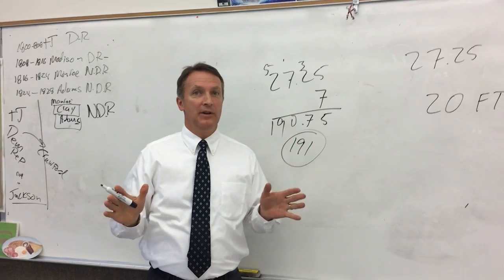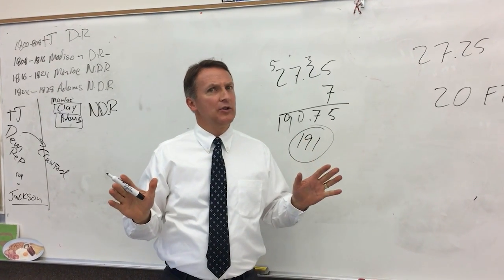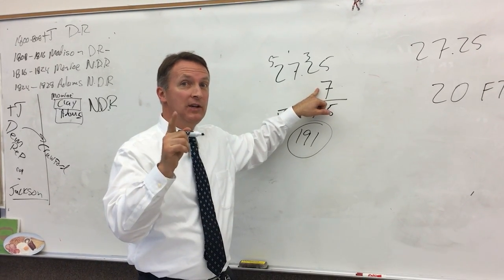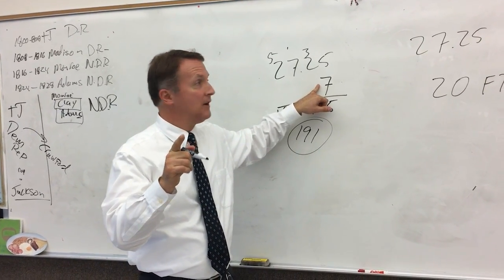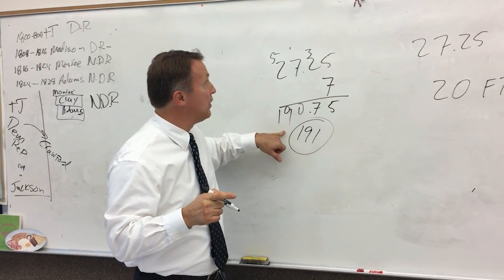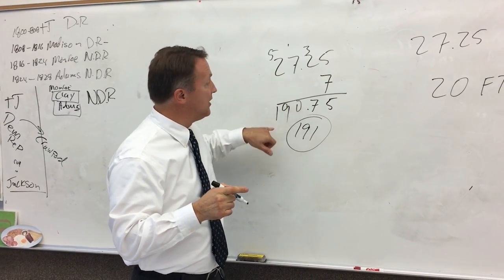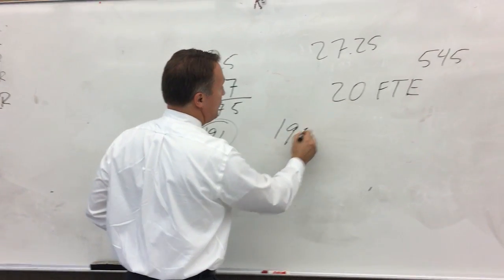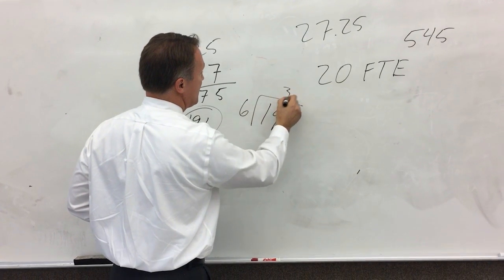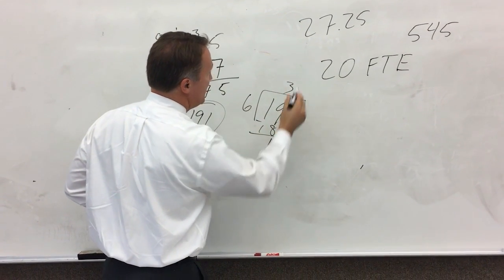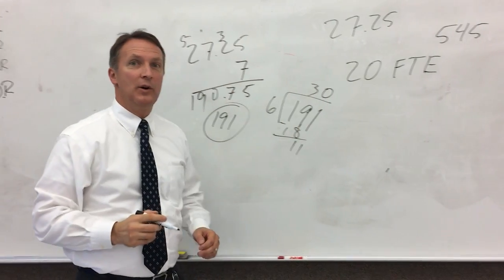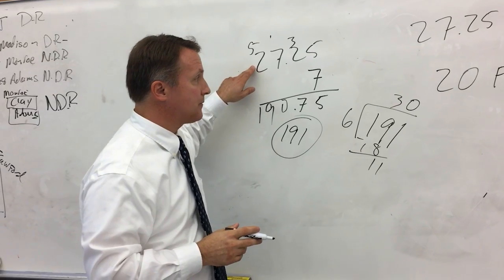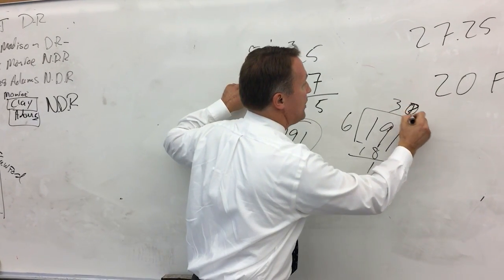But in a 7-period day at junior high school, you don't teach those 191 students evenly distributed over 7 periods. In fact, you get a prep period. So you're going to teach those 191 students in 6 periods. 191 divided by 6 is just between 31 and 32 students.